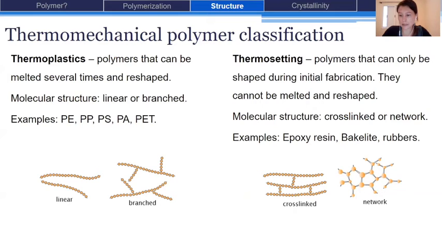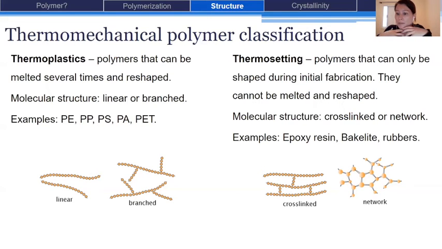The cross-links are formed during the initial fabrication. As we said, a chemical reaction occurs during this process between the chains and small molecules. And once we have covalent bonds between the adjacent chains, these cannot be broken by temperature.